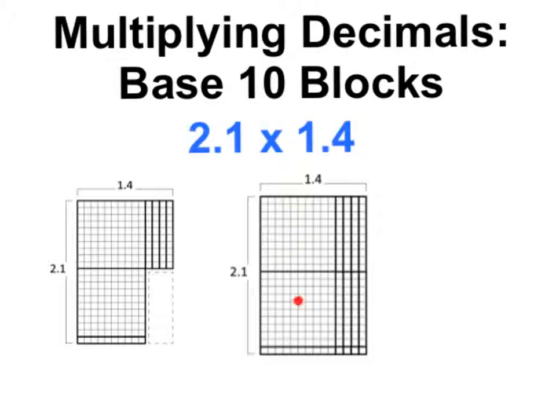So I have 1, 2, and I have, let's count the tenths next, 1, 2, 3, 4, 5, 6, 7, 8, 9, so 9/10. And I have 4 hundredths. So 2 1/10 multiplied by 1 4/10 equals 2 94/100.